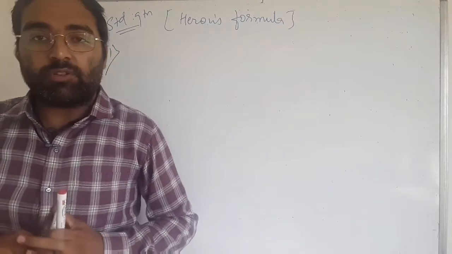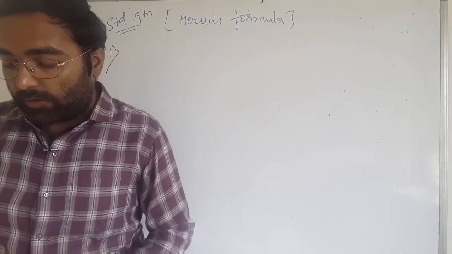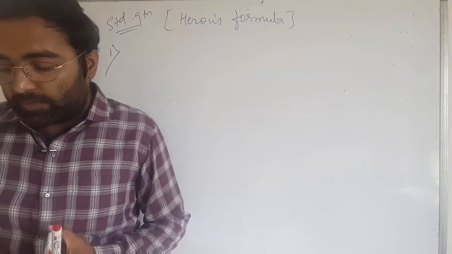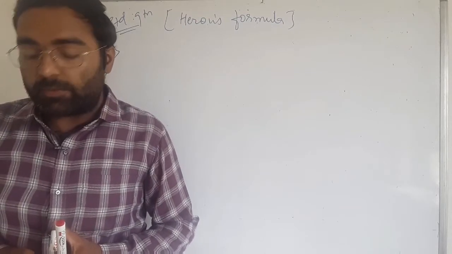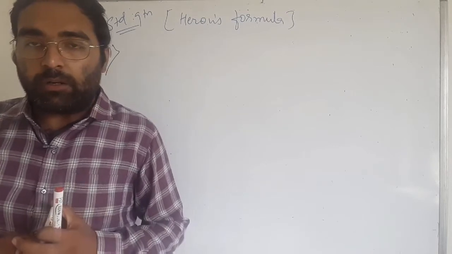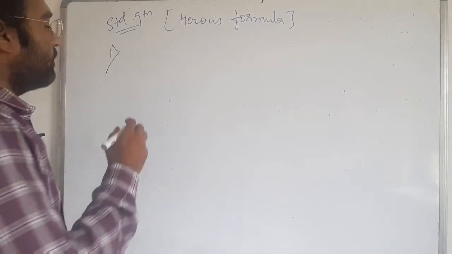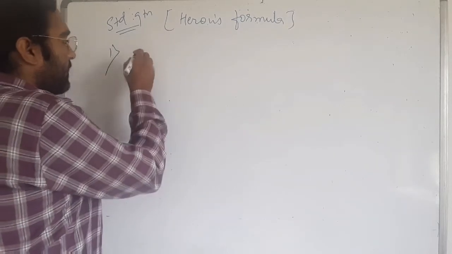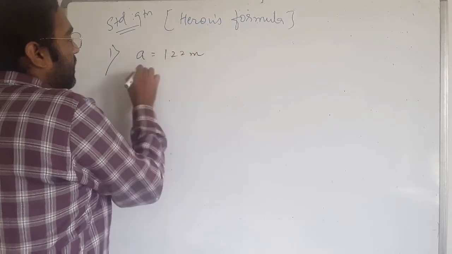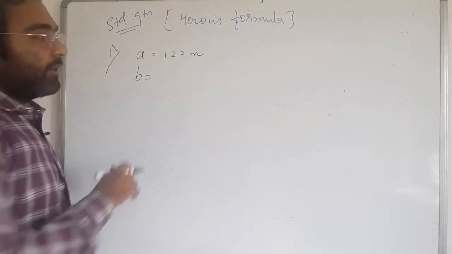One of the questions in the textbook: the triangular side walls of a flyover have been used for advertisement. The sides of the wall are 122 meter, 22 meter and 120 meter.